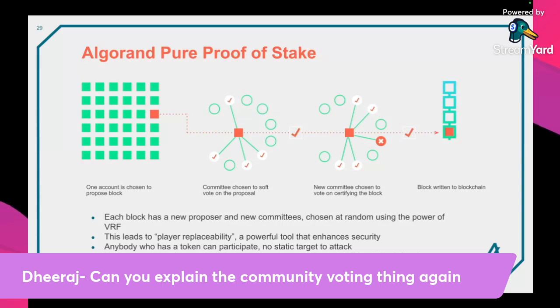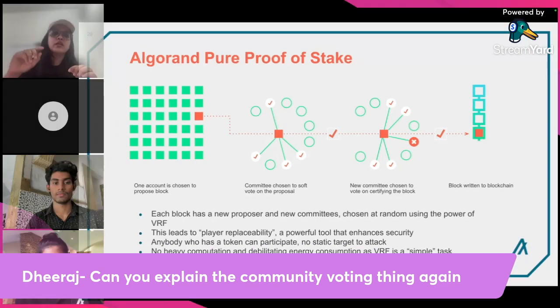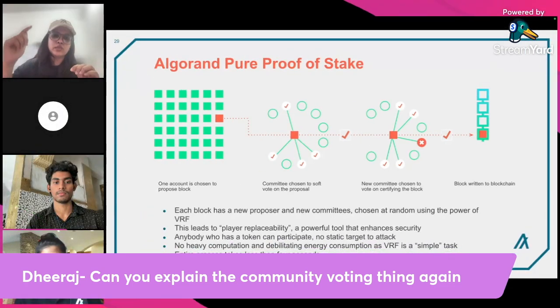Those accounts are staking the algos, right? And whoever has the most staking algos, it's not like, okay, there are, let's say, 10 accounts, and each account has staked like 1,000 algos, and one account has staked 10,000 algos.